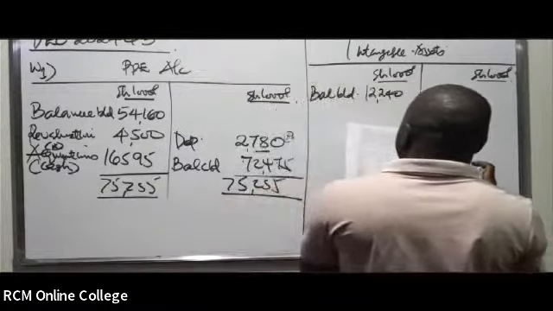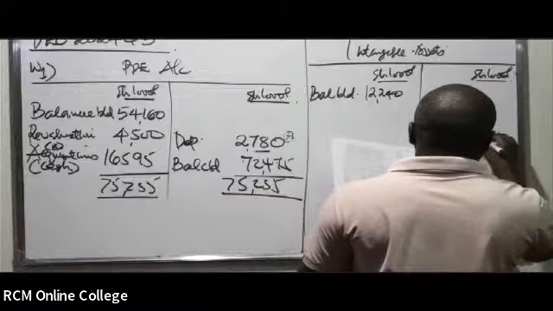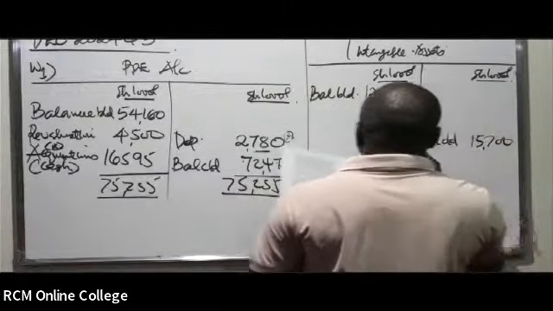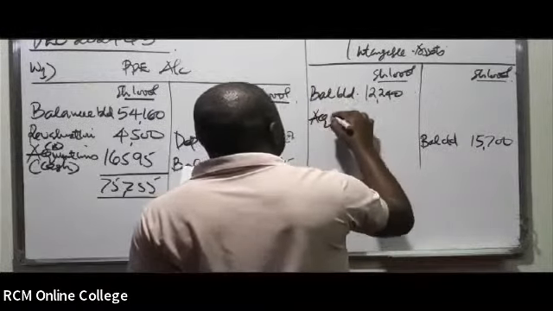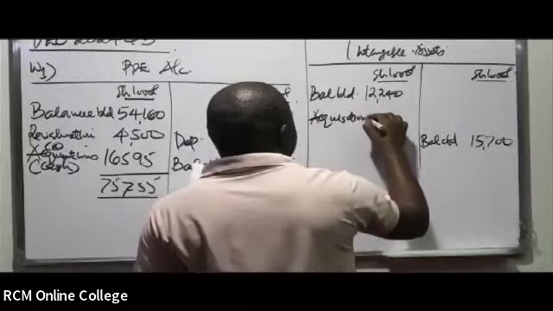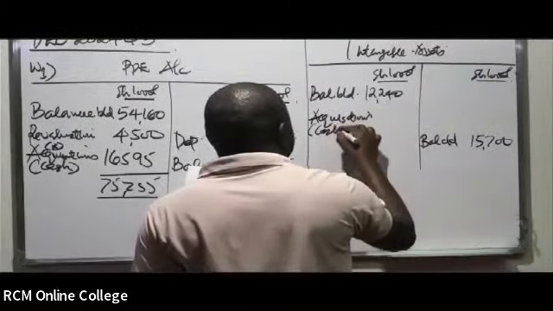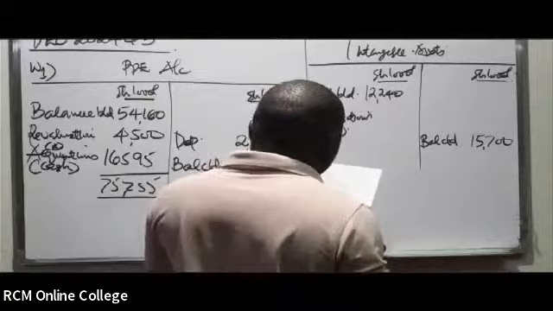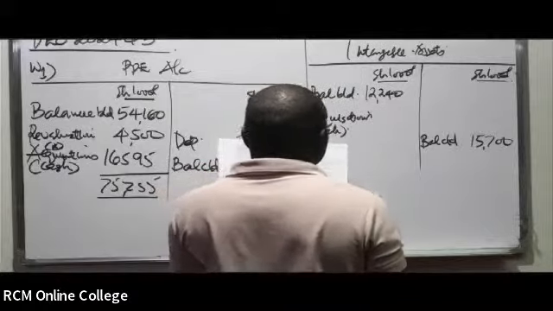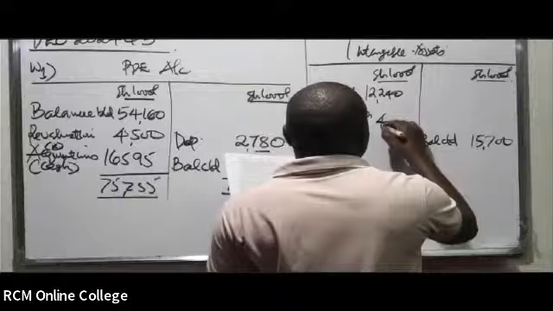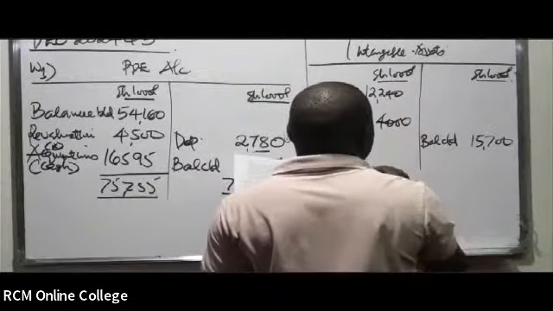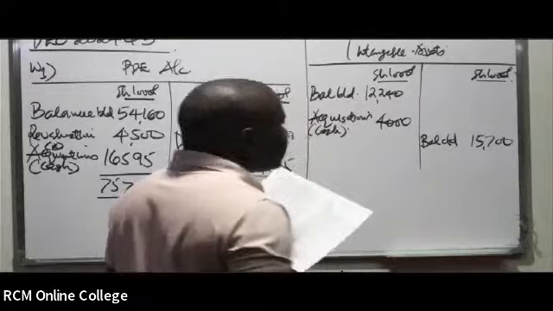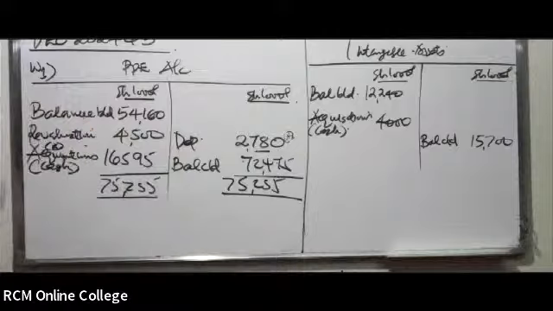And this one is 15,700. You've already been told there were acquisitions, on which they spent cash, of an amount of 4 million. So you're supposed to get the balancing figure.